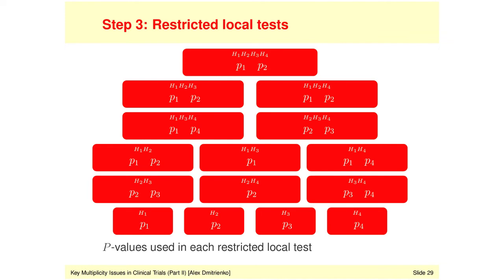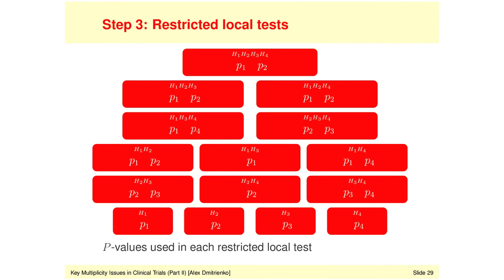So using the rules for defining restricted local tests that were shown on slide 28, we are required to remove the p-value P3 and P4 from the local test. This is done to ensure, once again, that the hypothesis H3 cannot possibly be rejected unless H1 is rejected, and also H4 cannot be testable unless H2 is rejected.